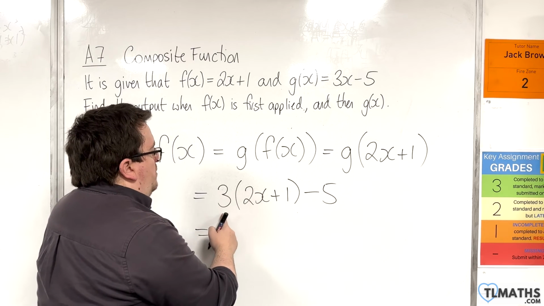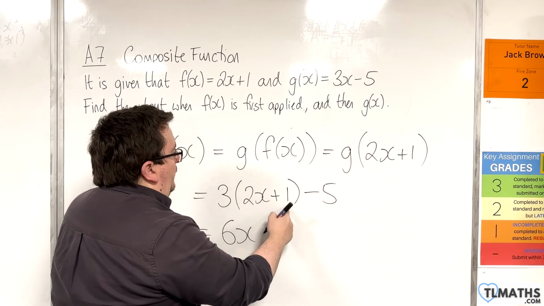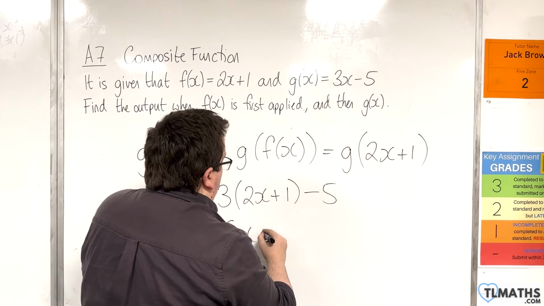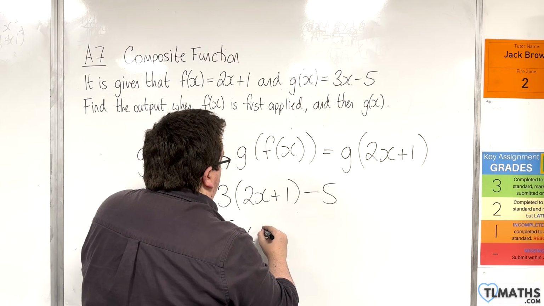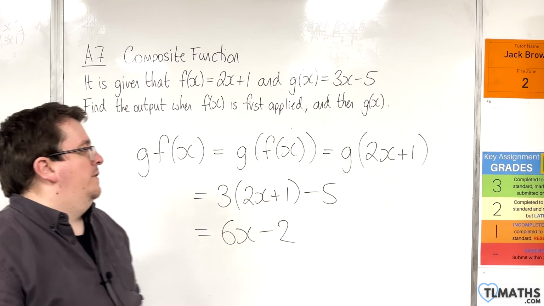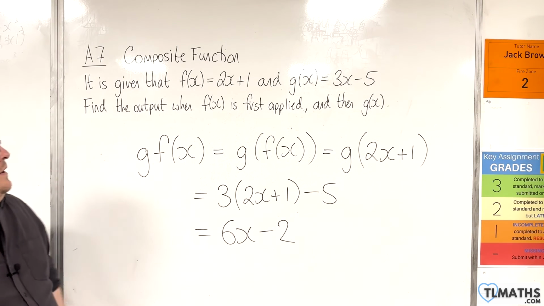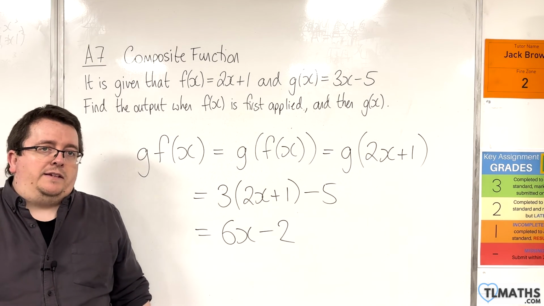Multiply through the bracket: 3 lots of 2x is 6x, 3 lots of 1 is 3, take away 5 is minus 2. And so this is the output, 6x take away 2.